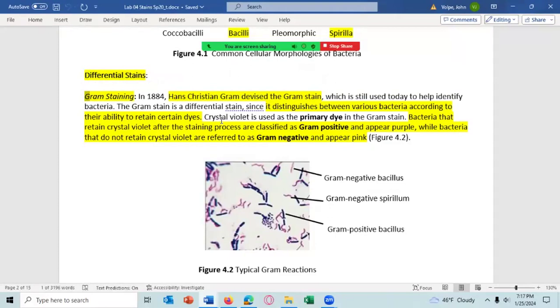Microbiologists started using Dr. Gram's stain, and they discovered that this stain was a very good stain and it could differentiate between two very large groups of bacteria: the gram-positive cells, which stain dark purple, and the gram-negative cells, which stain pinkish.